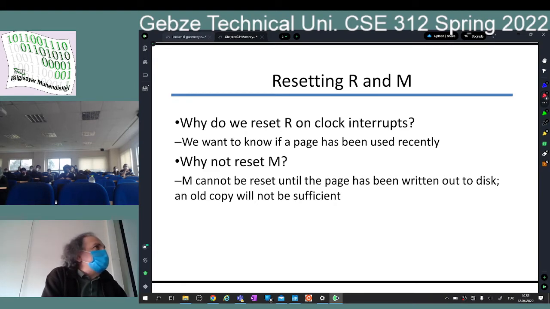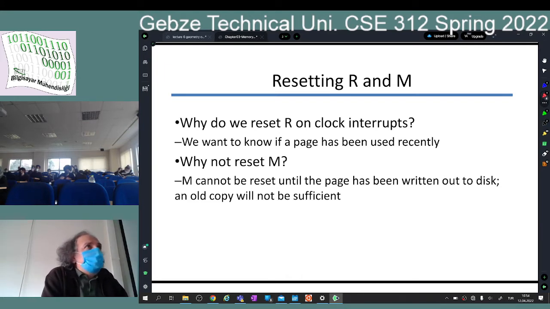To reset an M bit, tell me, how do you reset an M bit? I would like to reset an M bit in a correct way. Yes? When I write it, I can reset. Yeah. If you would like to reset the M bit, you have to write that page to the disk, right? Which will be very, very expensive.